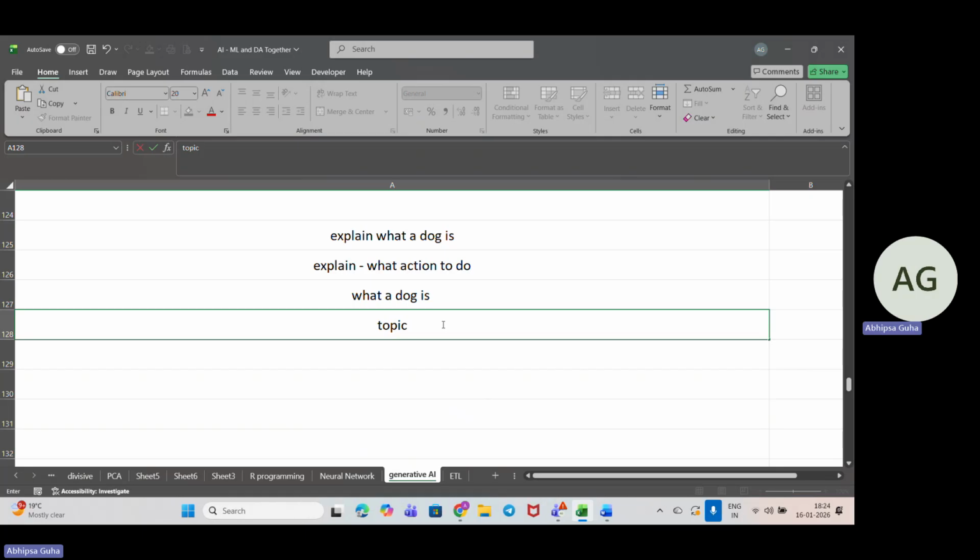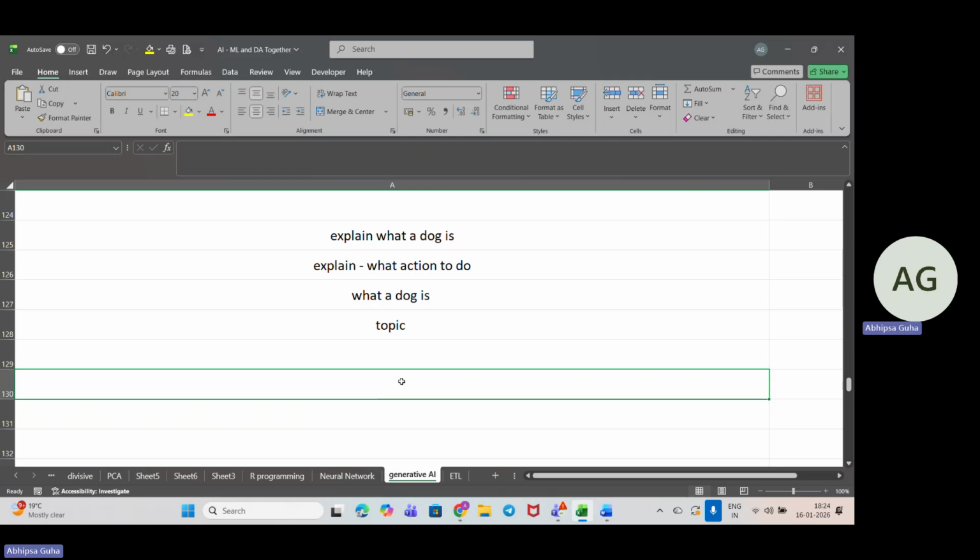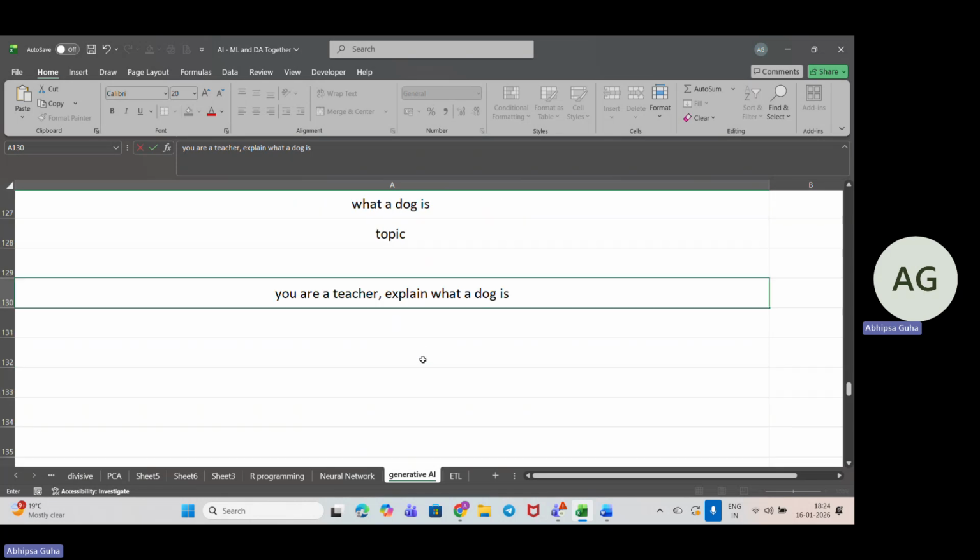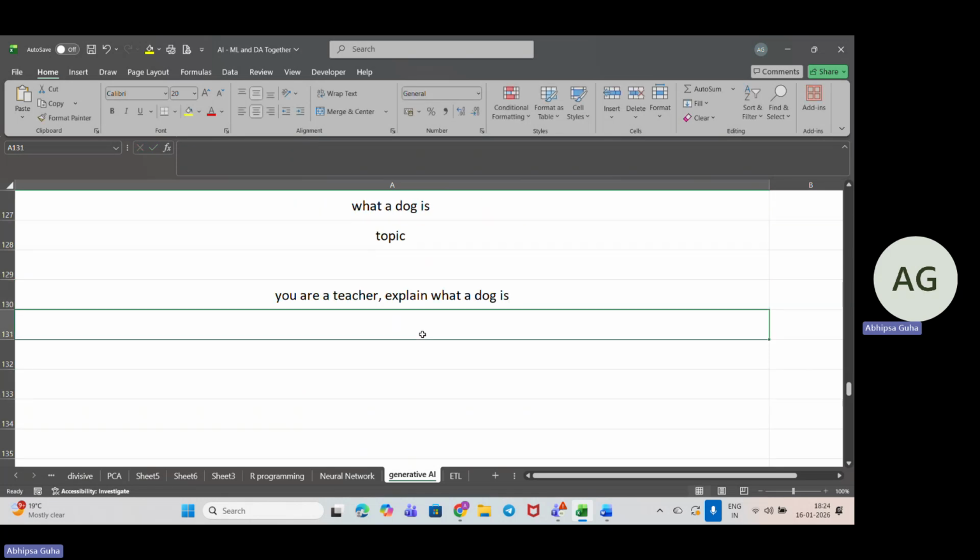Now you add a role, right? So suppose you give the prompt as, "You are a teacher, explain what a dog is." Here, what is happening? "You are a teacher" actually sets a behavior, so AI talks politely and clearly.